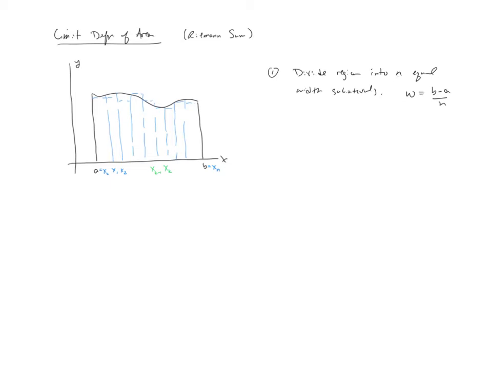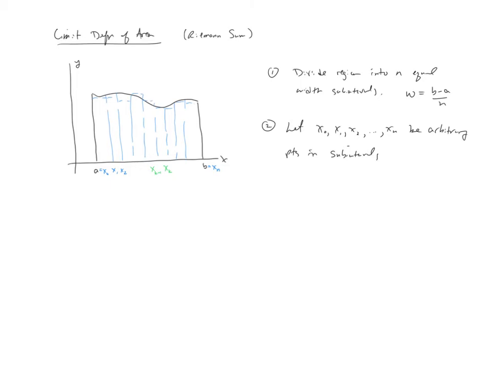the last section. All right, step 2 is we're going to let x0, x1, x2, all the way through x sub n be arbitrary points in the subinterval.